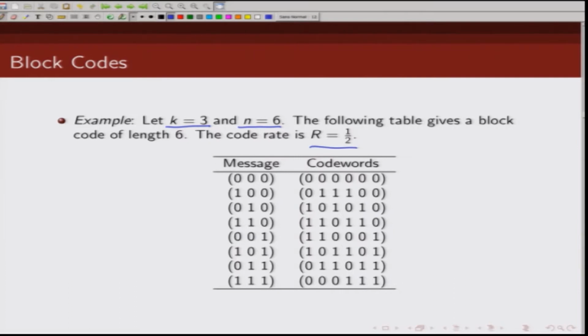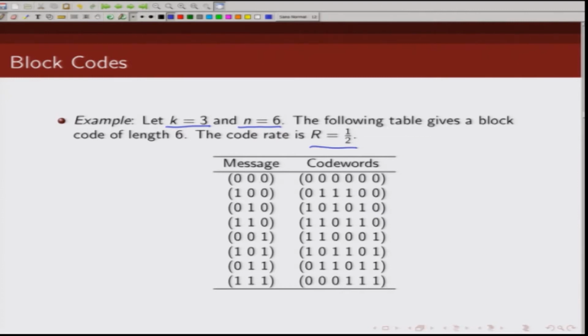Now, k is 3, that means there are 2 raised to power 3, which is 8 code words. The messages are from 000 to 111, these are the 8 messages, and corresponding to these messages, these are the 8 code words.